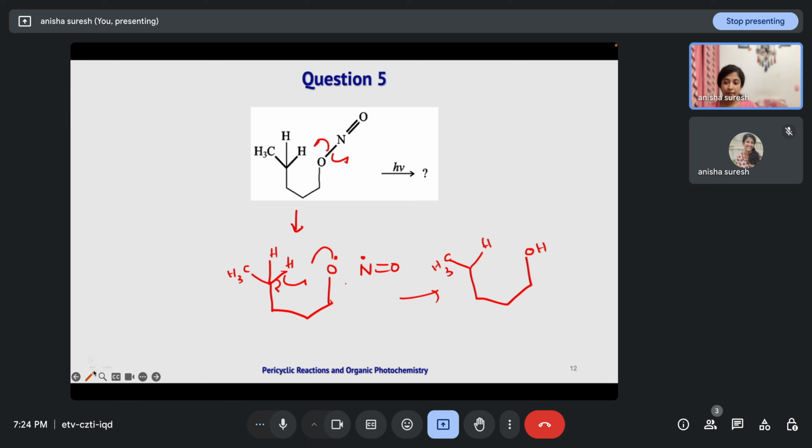Okay, here a radical will be forming. Now that radical will recombine with the NO radical, leading to formation of OH, NO, H, CH3.